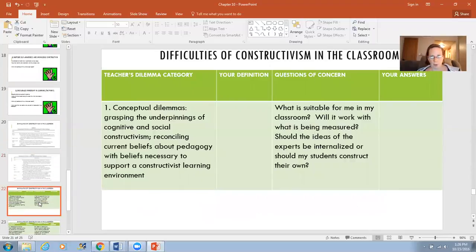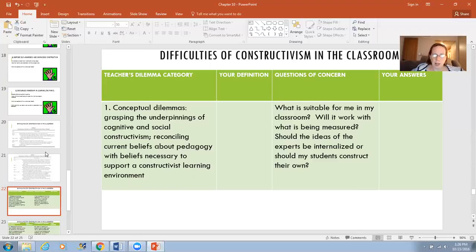Okay, however, as I said, there are difficulties of constructivism in the classroom, and we can certainly feel that when you read Jane's description of what she said, it's not bad. It is pretty typical of what we see in a classroom. And it is an indication for all of you that it is difficult to actually implement this.